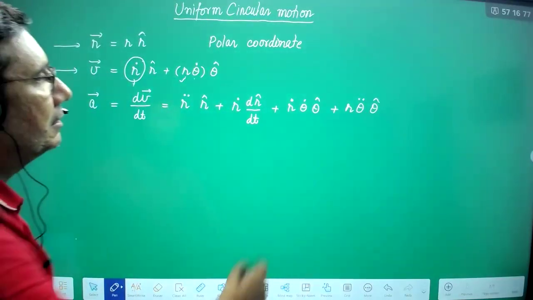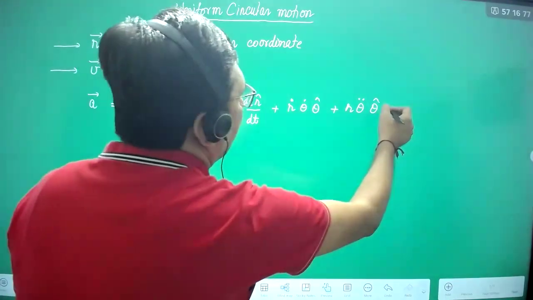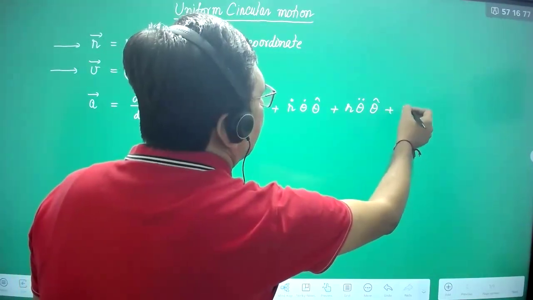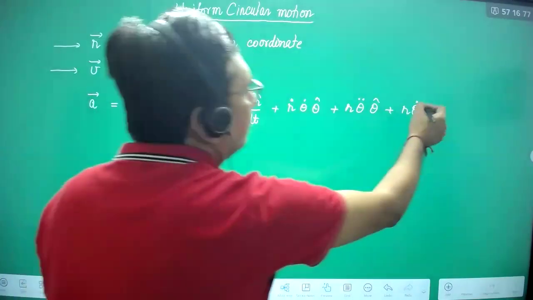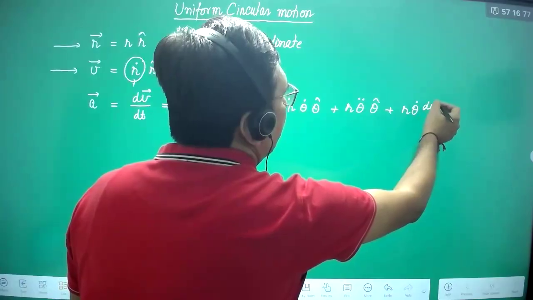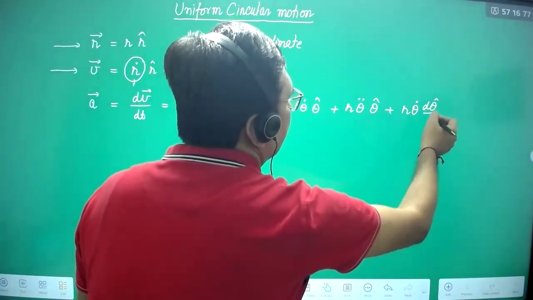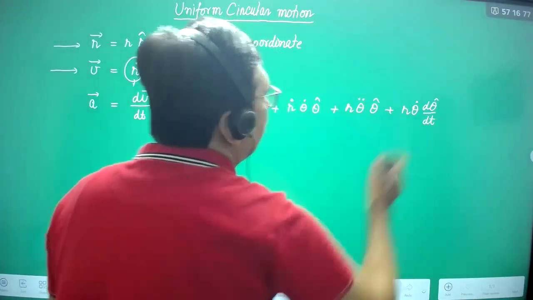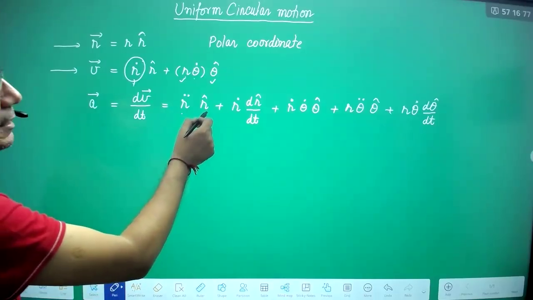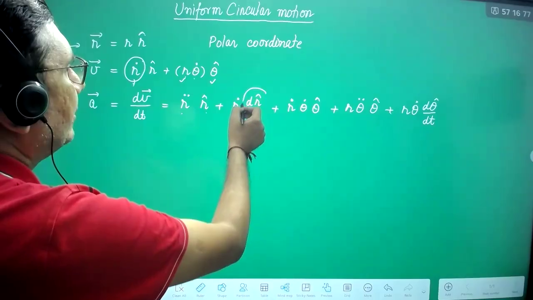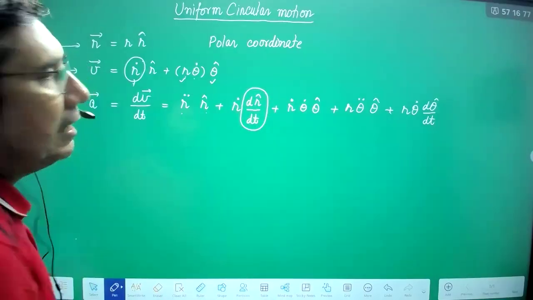Okay. Next is plus this R theta dot as it is. Now differentiate this theta cap. So this will be d theta cap by dt. Now, what is the value of this dR cap by dt?